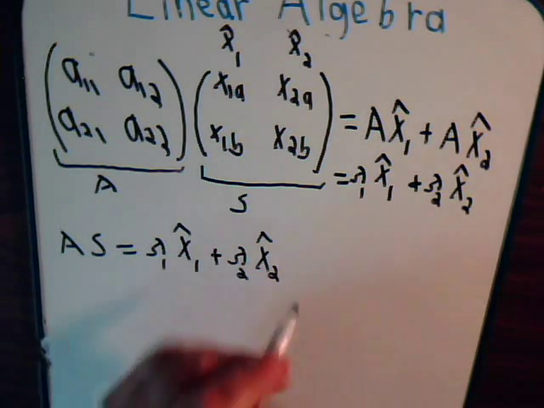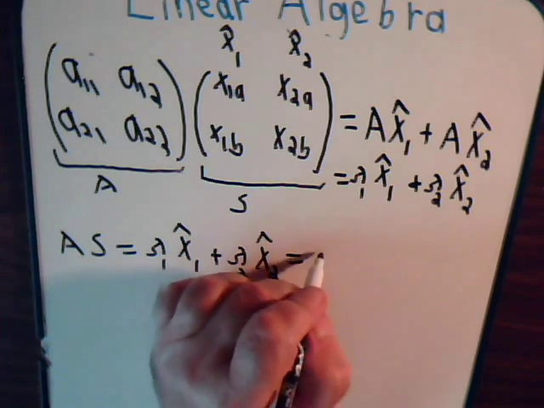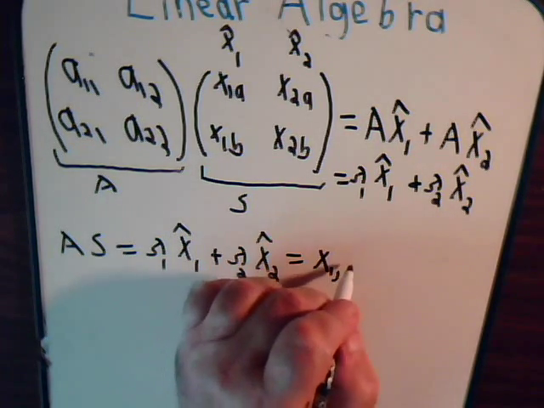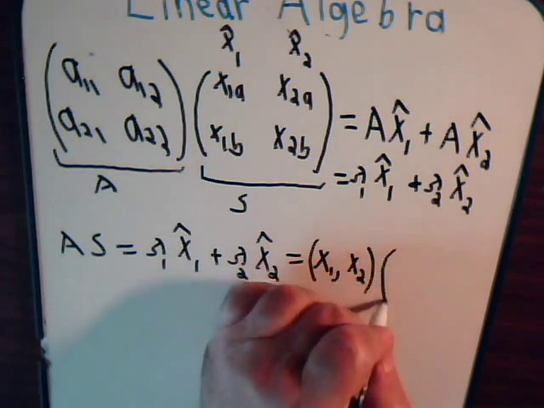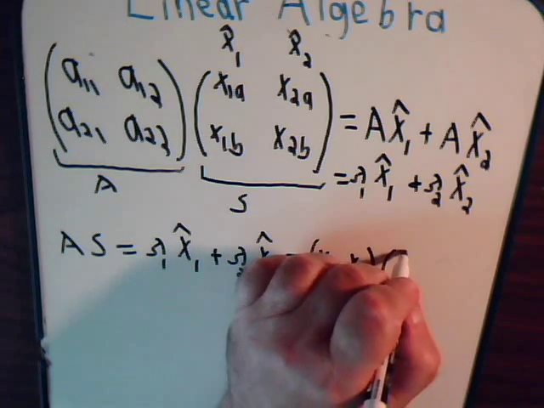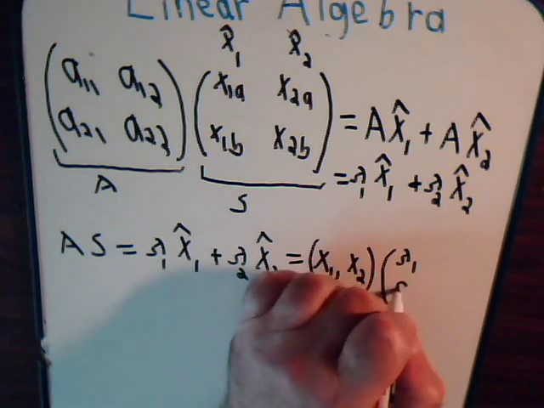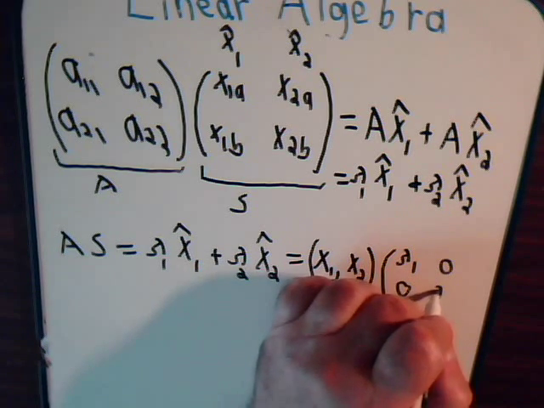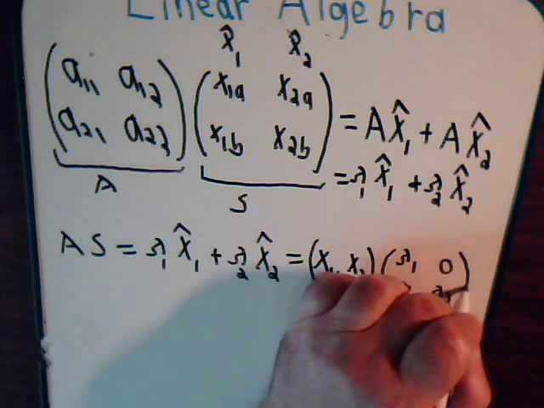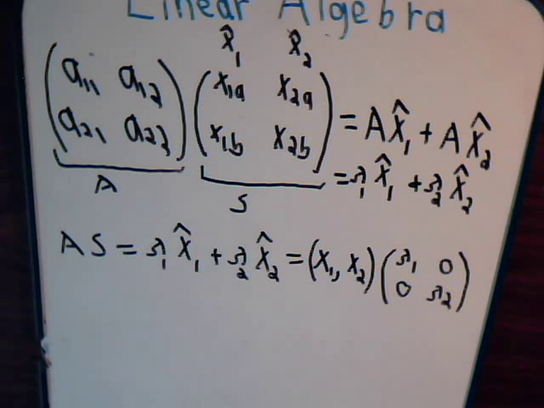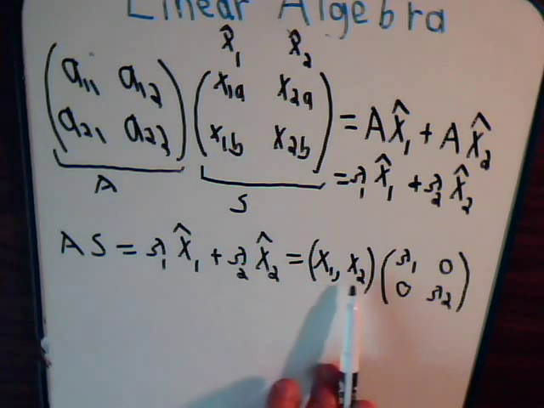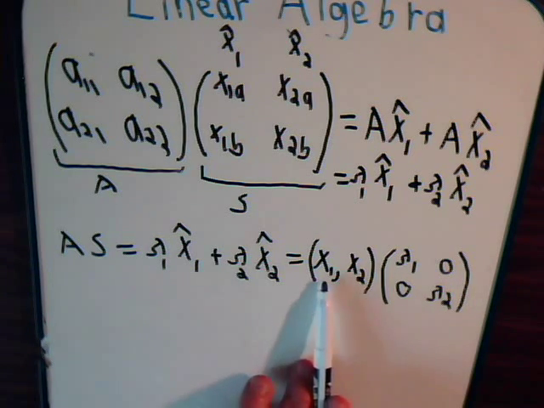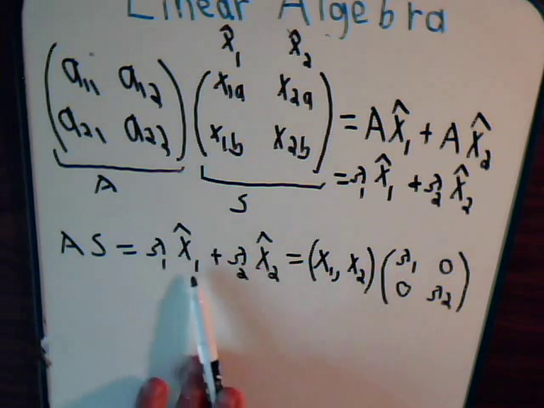And this we can write like this, times this diagonal matrix. So here we made a diagonal matrix. The diagonal elements are the eigenvalues of this matrix. And we multiply across, and down we'll have x1 times lambda 1.